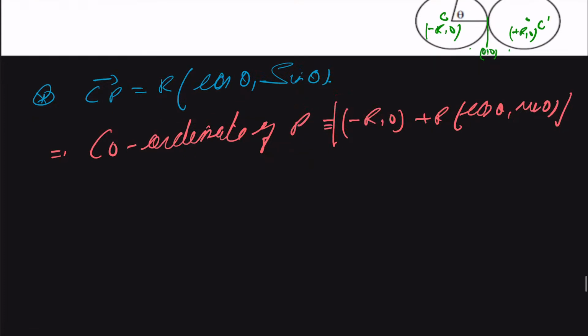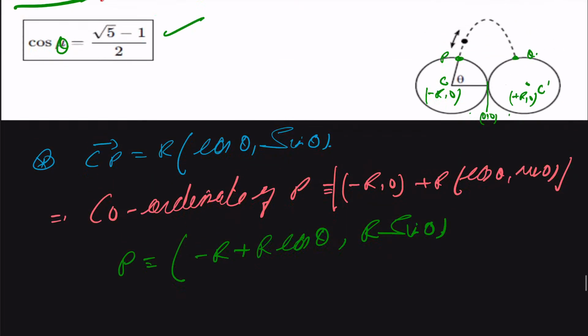So we can write the coordinate of P will be minus r plus r cos of theta, and we have this as our r sine of theta. And symmetrically there will also be the coordinate of our Q.